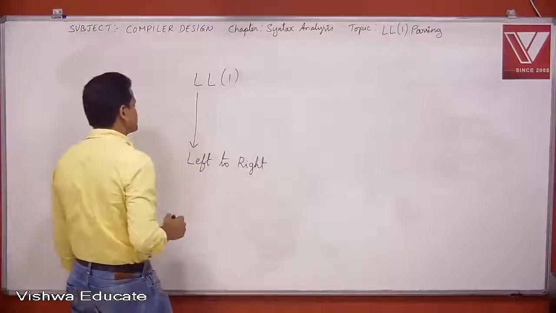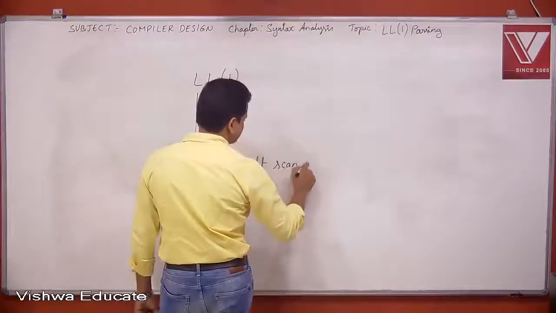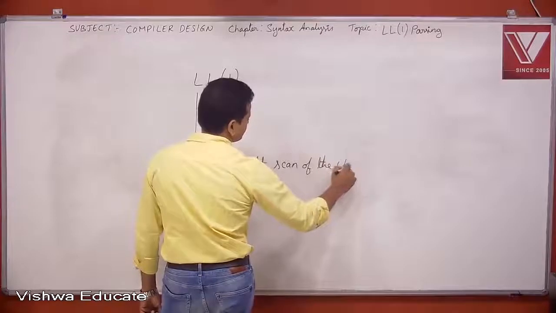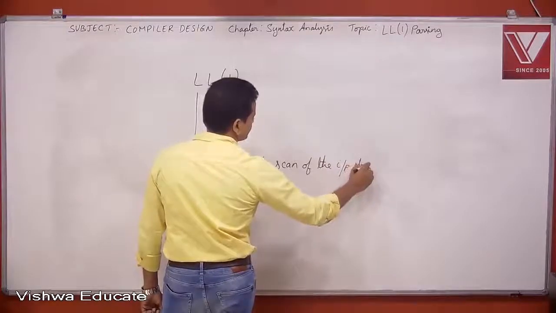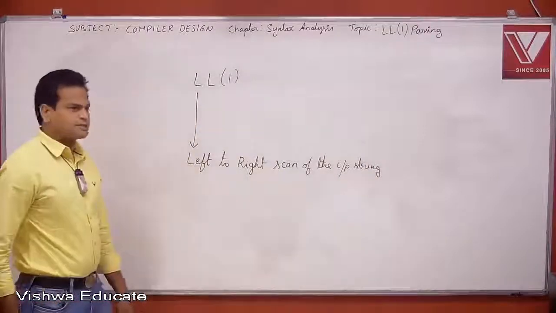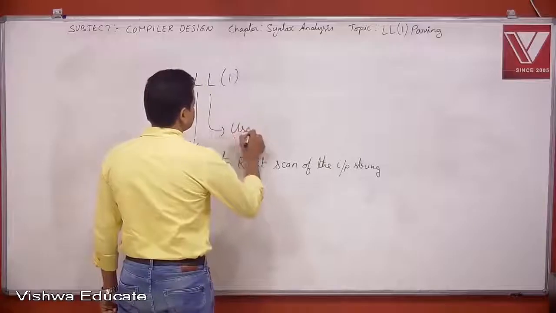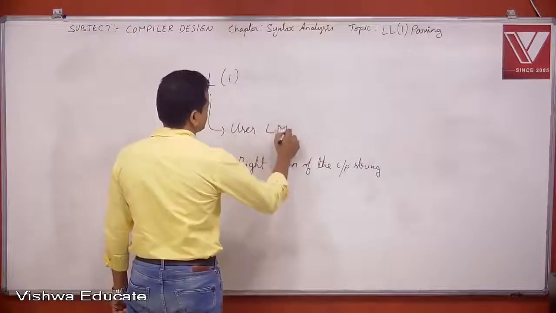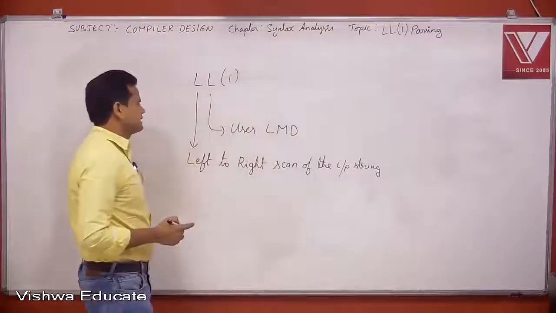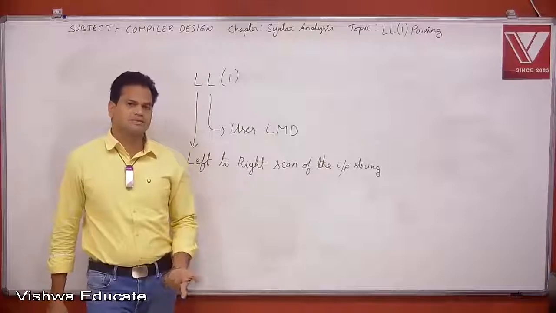So L stands for left to right scanning of the input string. Next one: it uses leftmost derivation, because it is one of the techniques in top down. The top down uses leftmost derivation.